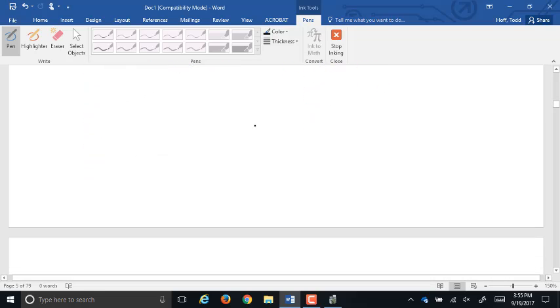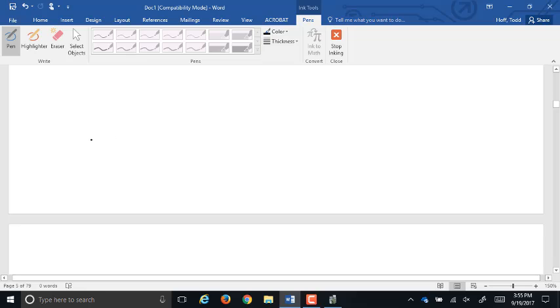Now, those adjacent angles can form special relationships. Here we have two adjacent angles that form a straight line. If I tell you that one of the angles is 72 degrees, how would I find this other angle over here?